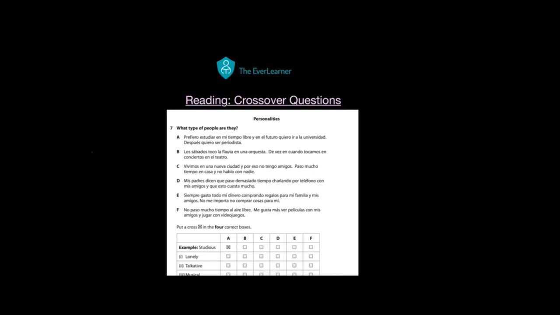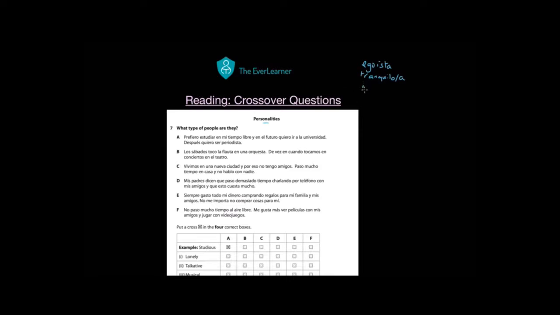Okay, and we are back after a quick change of canvas. And yes, here we are with a new question. This is a question on personality. So as soon as you read the word personality, start thinking of all those words that you've learned to do with describing people's personalities. Things like egoísta, things like tranquilo or tranquila, calm.